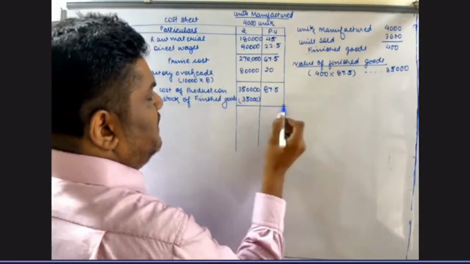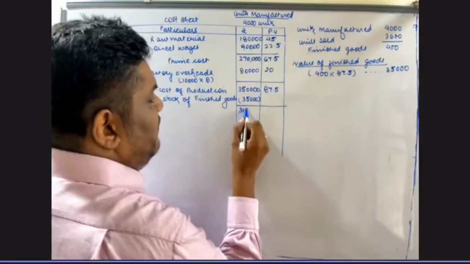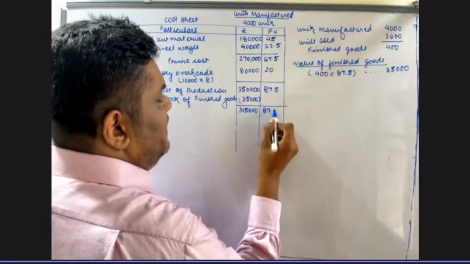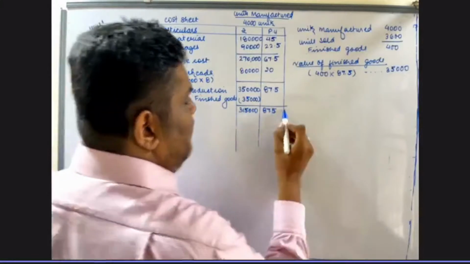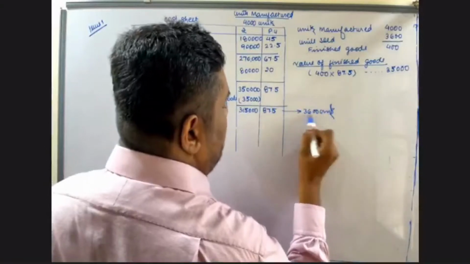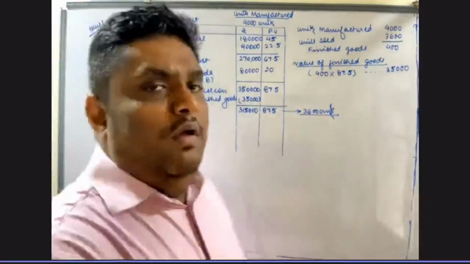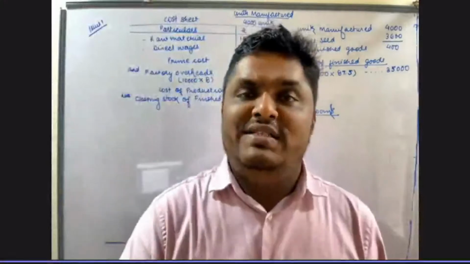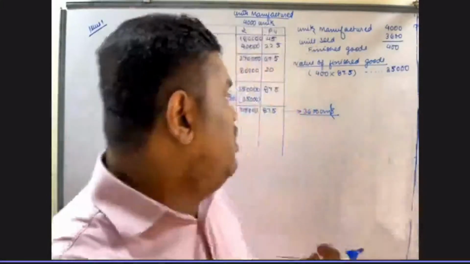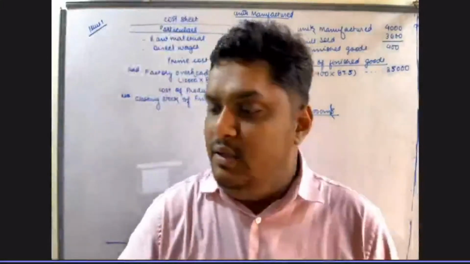We'll get the final figure, that is 3,15,000. And the value will be the same, that is 87.5 for 3,600 units. So now the administration overhead and the selling and distribution overhead will all be calculated as per 3,600 units only.